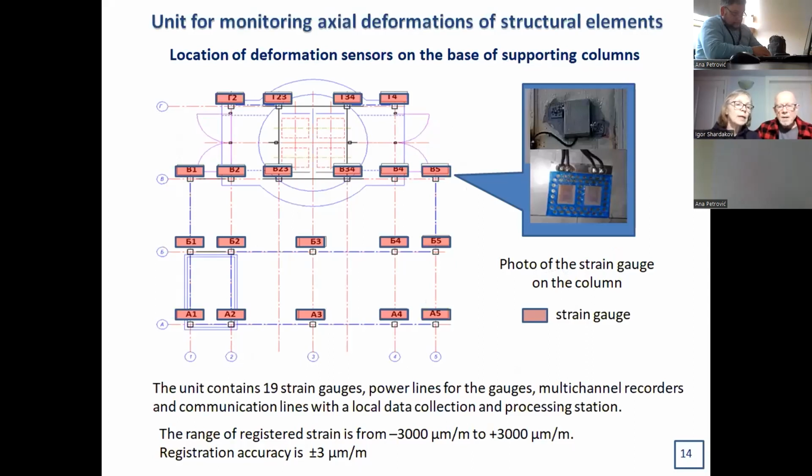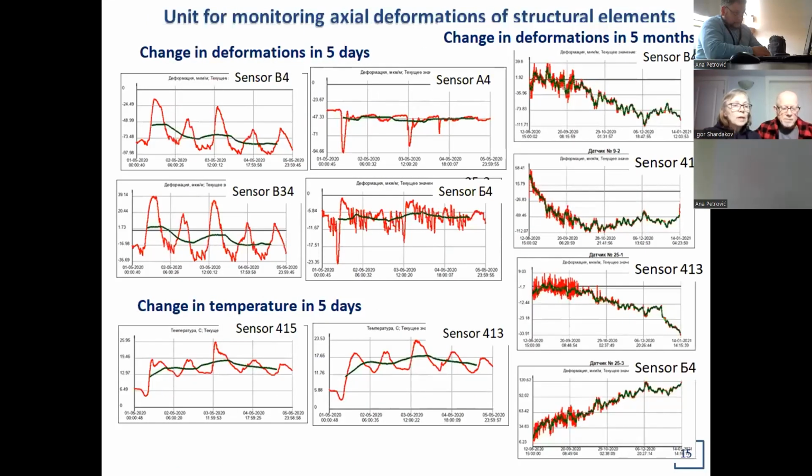The next group of slides presents the work of strain gauges. Sensors are placed at the base of supporting columns in accordance with plan represented in this slide. This slide shows the reading of some sensors for 5-day and 5 months periods. Our observations have shown that the strain gauges reflect changes in the structure at different time scales.